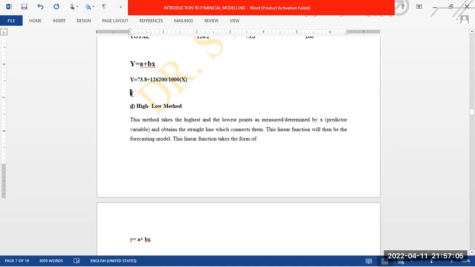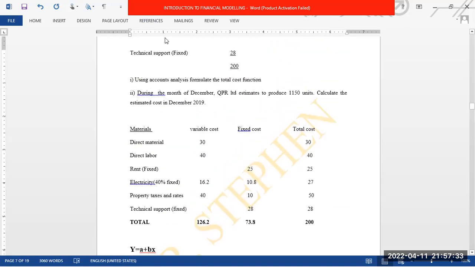If you simplify this, you're supposed to be getting y is equal to 73.8 plus 126.2x. This is our equation, and that is what is required here.